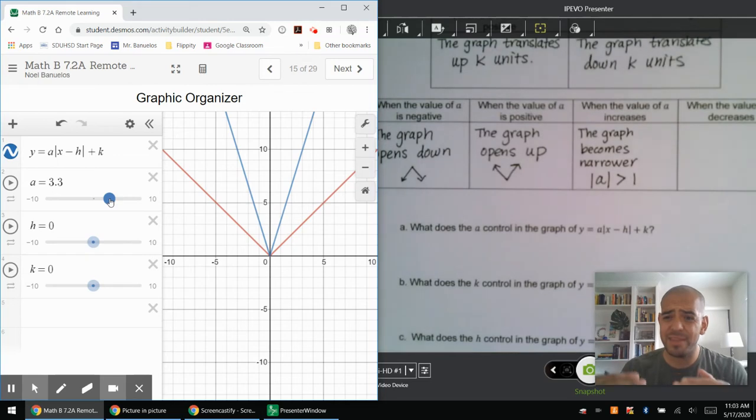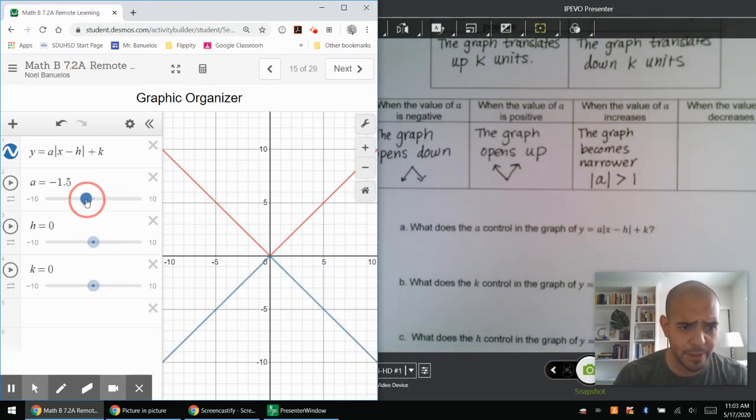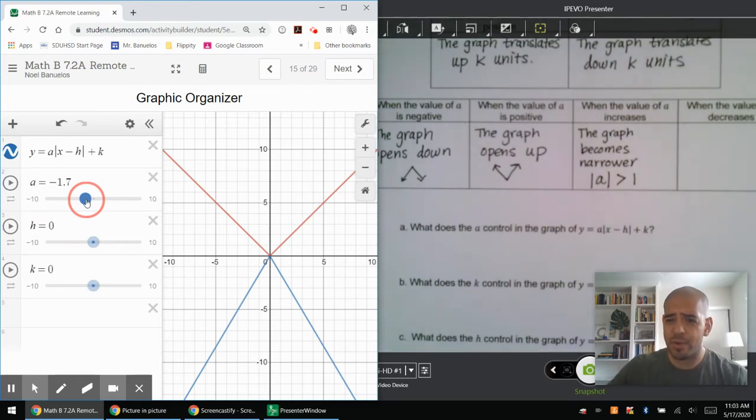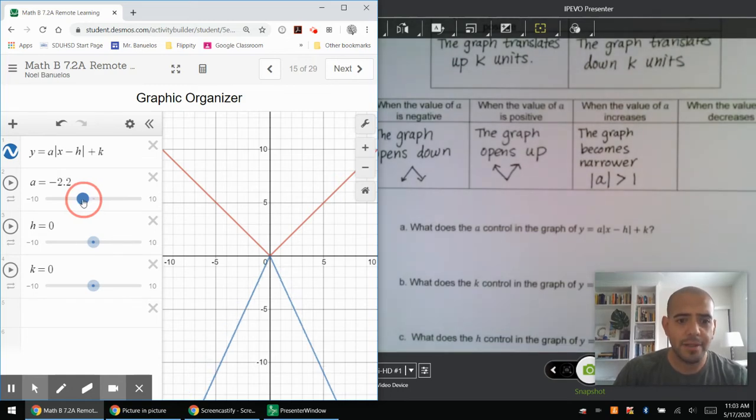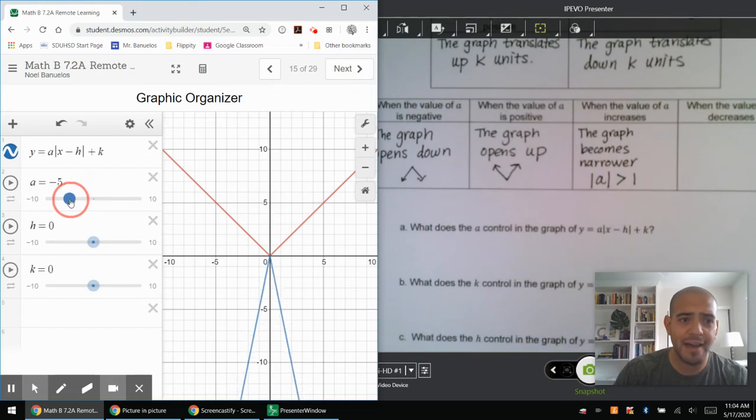That's why I use the absolute value of a, because if I go from -1 to -2 to -3 to -4, for example -5, a value of -5 makes it really, really narrow. I know it's facing down, but it's super narrow.